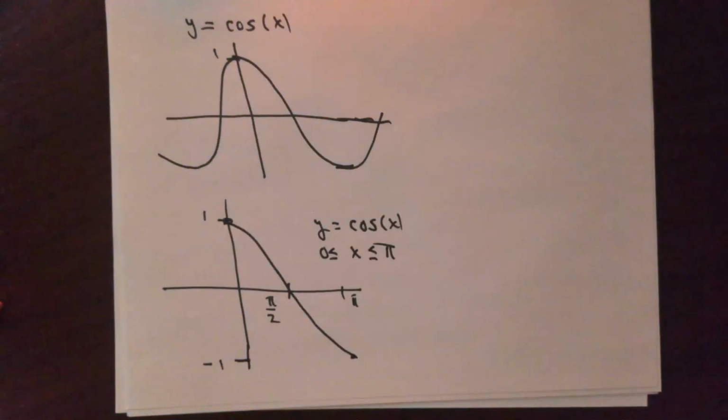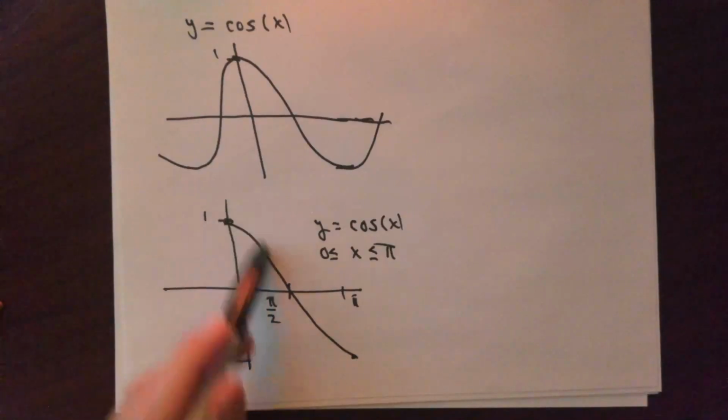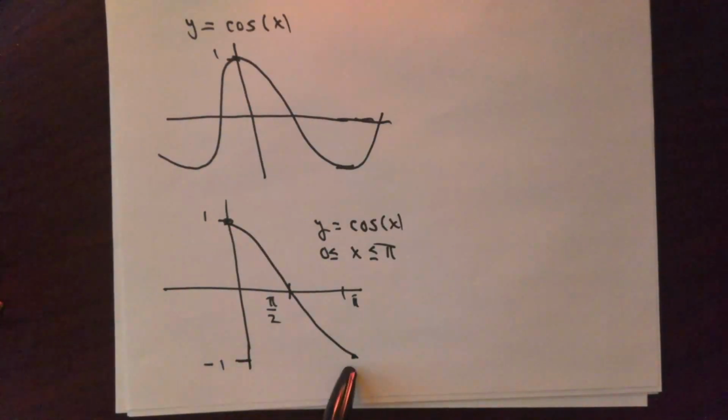The range of x values from 0 to pi gives you all of the values of the cosine, all the way from 1 all the way to -1, and no function value is repeated. This is the chunk of the graph of the cosine that we'll use to describe the arccosine or inverse cosine.